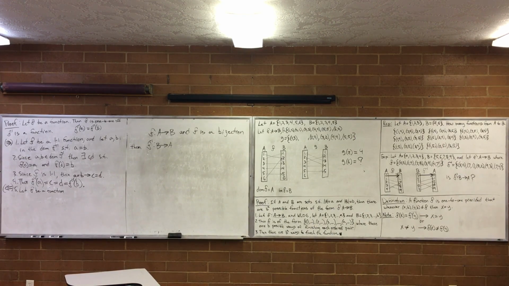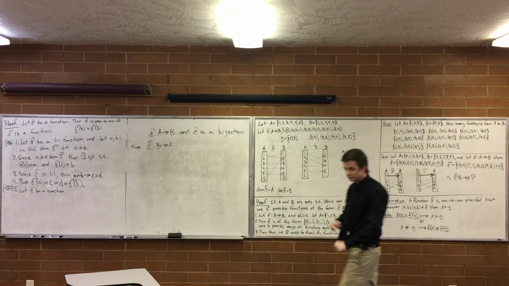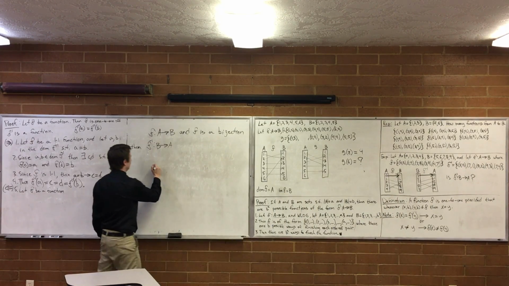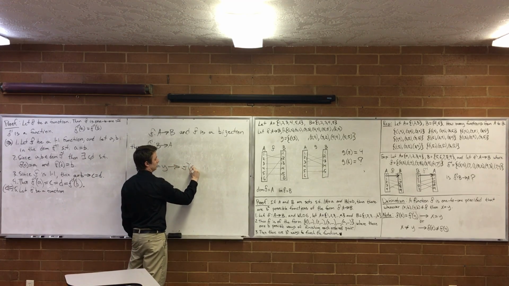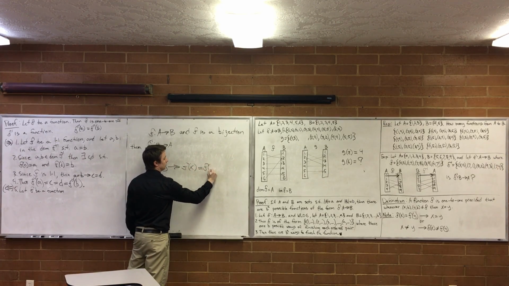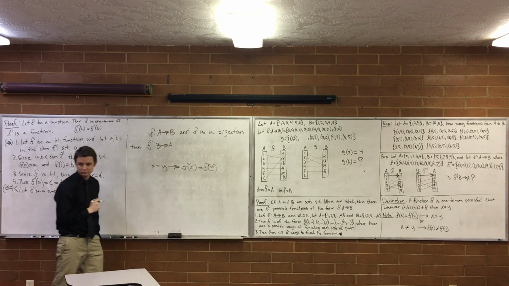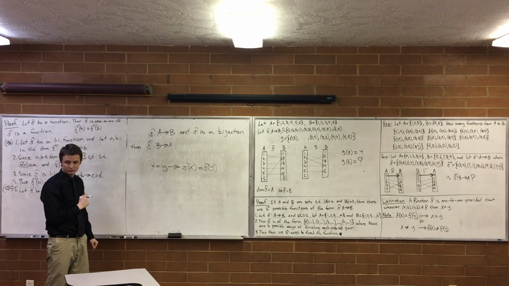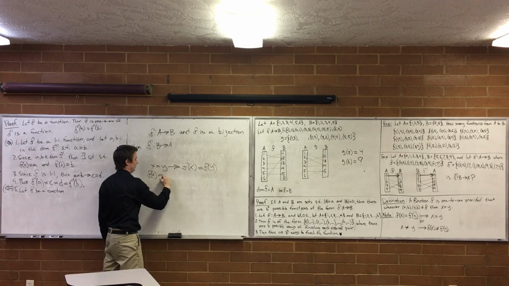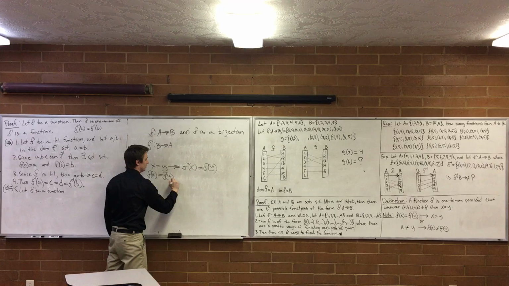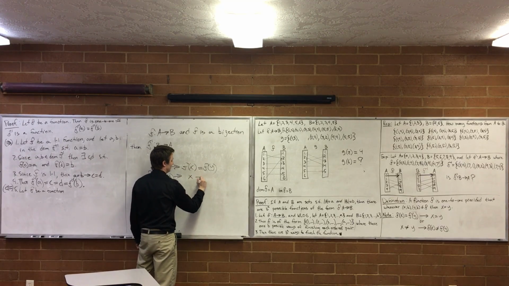So the idea of what is a function. A function means if two inputs are equal, what they map to are equal. One-to-one was f of x equals f of y implies x equals y.